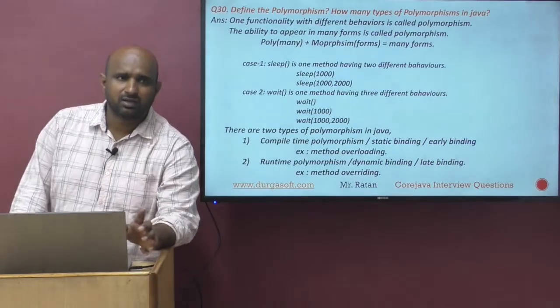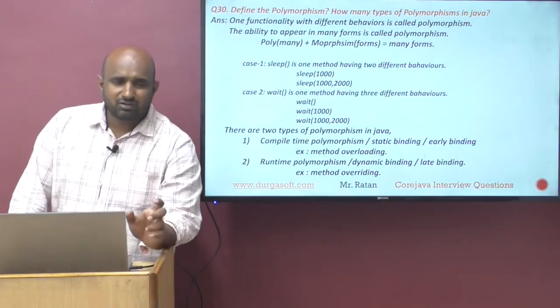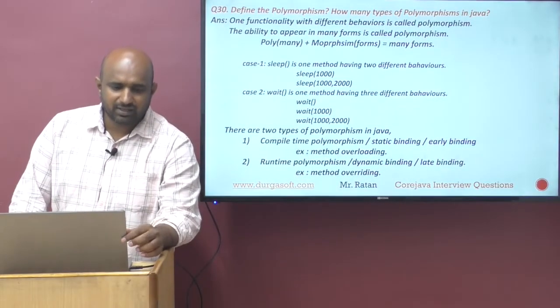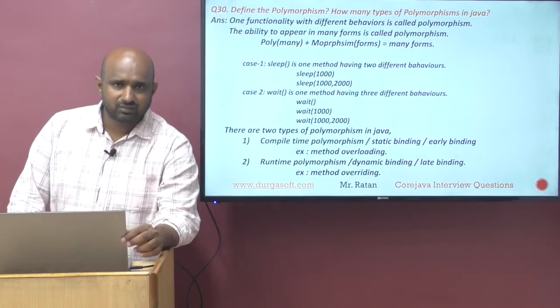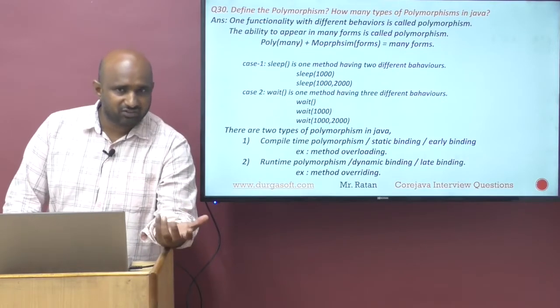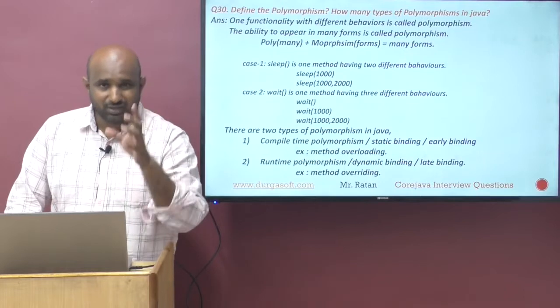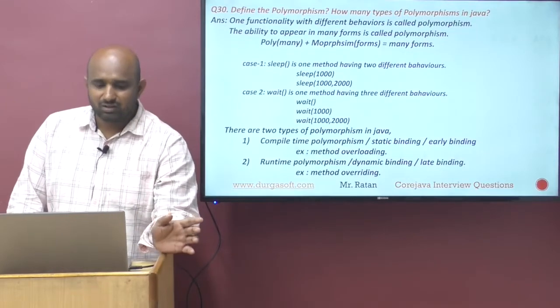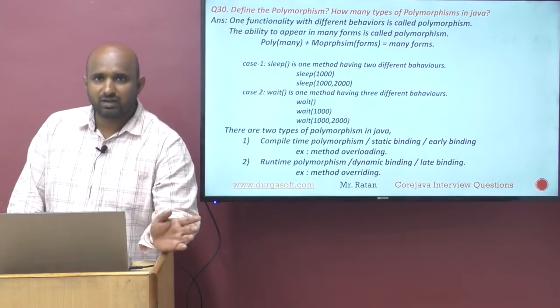Compile time polymorphism means static binding, because compile time languages are static languages. It is also early binding, because compilation is done first. We have to analyze the data; it is not about memorizing compile time polymorphism, static binding, early binding.